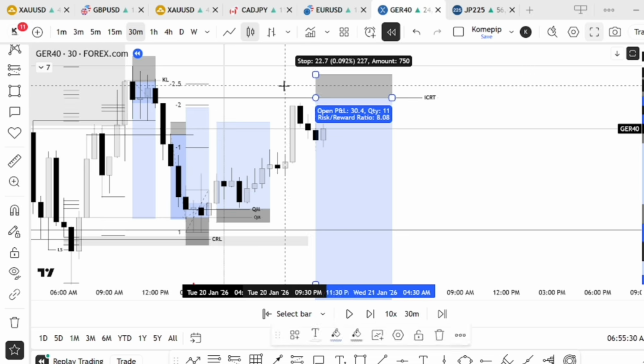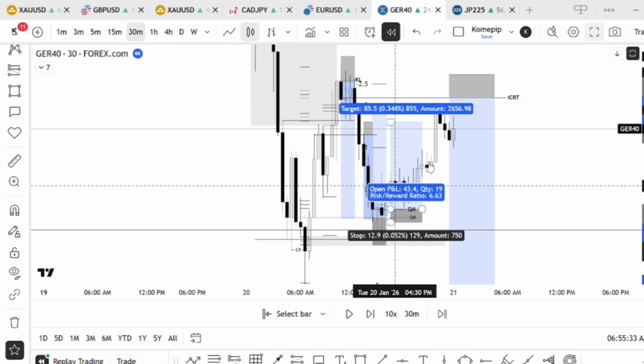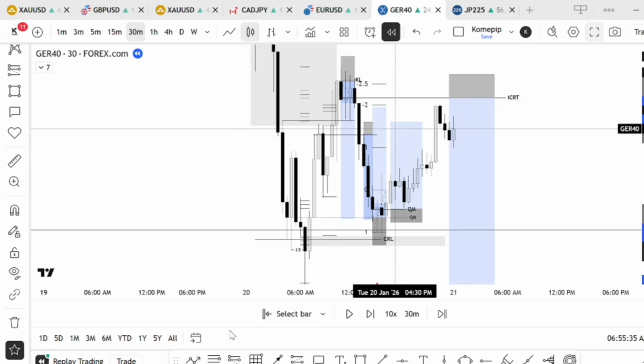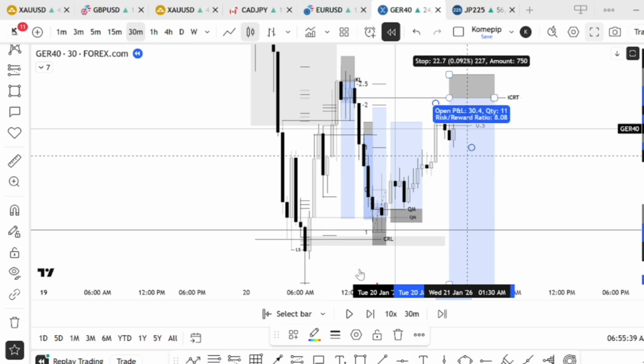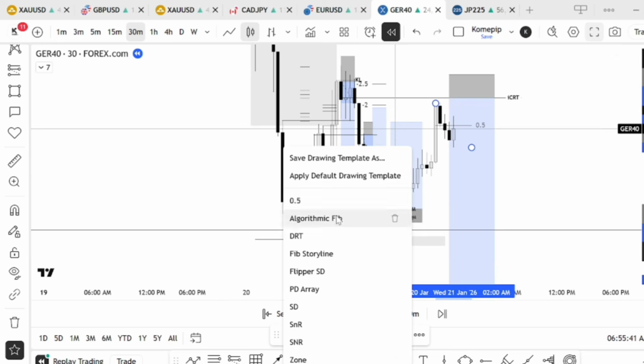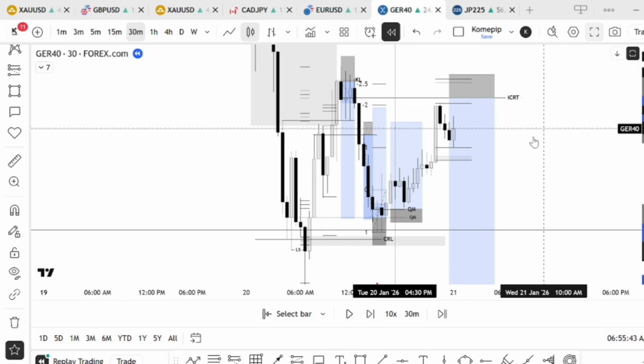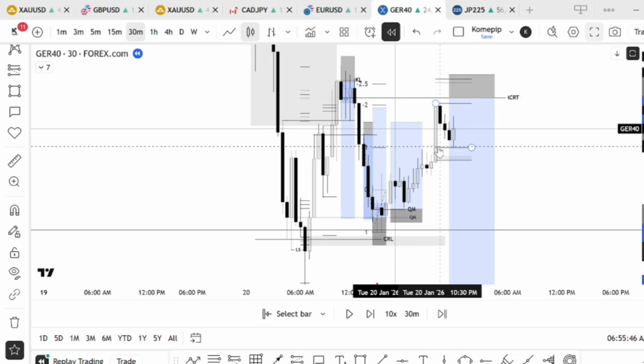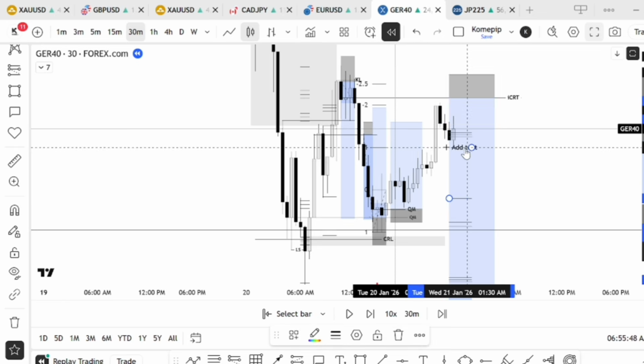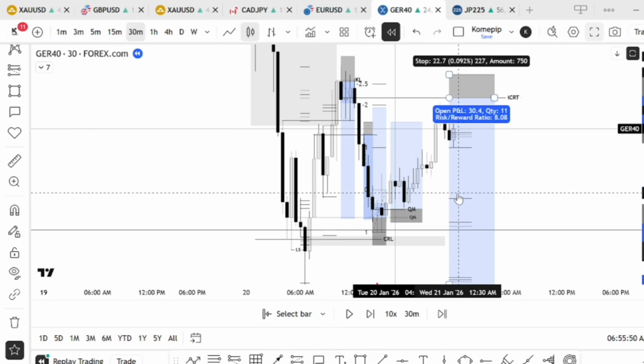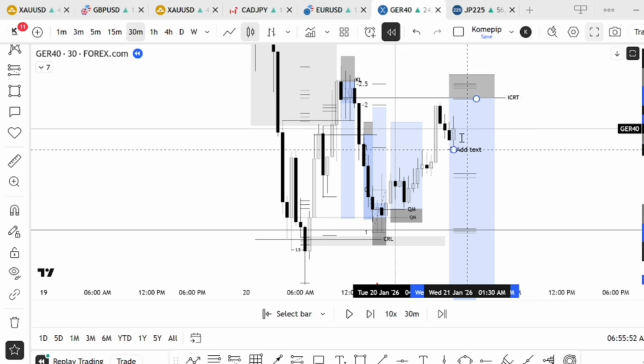And when anticipating that price taps that zone and pushes up, now we could use this. Oh, let's flip that up like this.